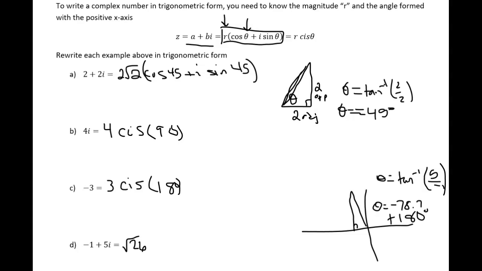Well, 101.3 is a much more reasonable angle measure for this angle right here located in quadrant 2, so I'm confident that 101.3 is the correct answer. I just wrote 103 instead of 101.3.